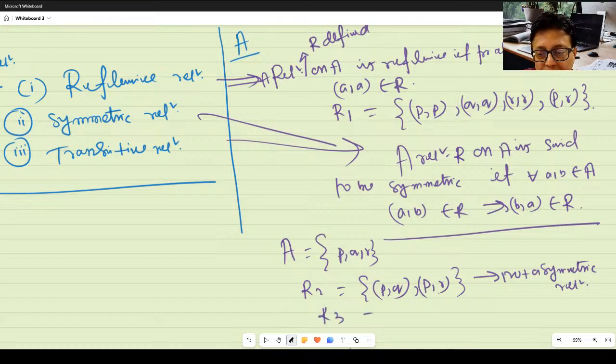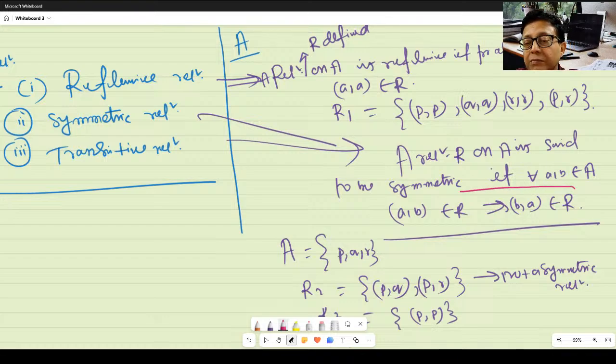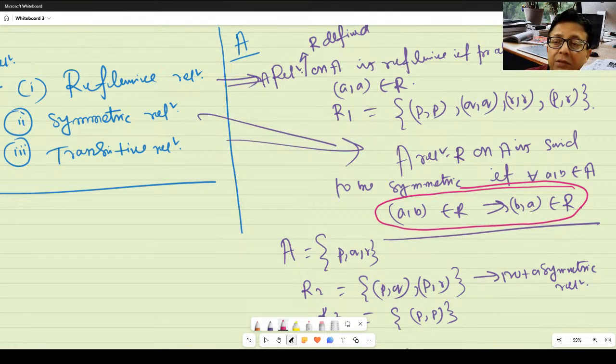R3 equal to, say I am writing, only (P, P). Is it symmetric? See the condition. The condition is that if (P, Q) is there, then (Q, P) has to be there. If (A, B) is there, (B, A) should be there.